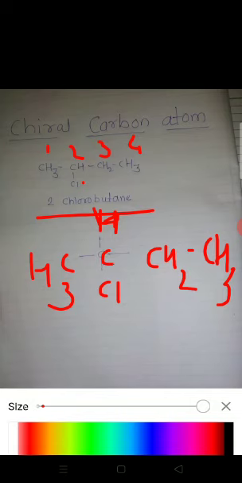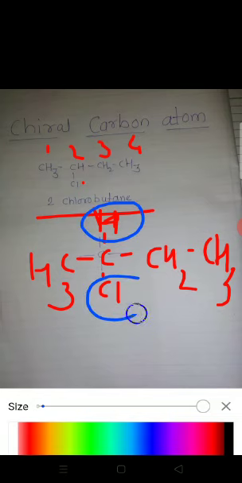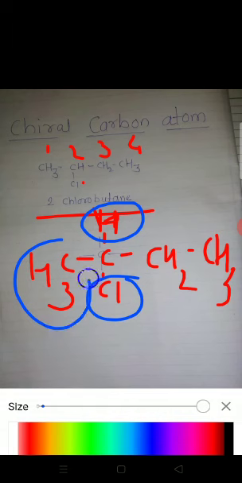This carbon atom has 4 bonds and they are attached to 4 different groups or atoms. The carbon atom 2 is attached to one hydrogen atom, another chlorine atom, a CH3 group, and a C2H5 group.